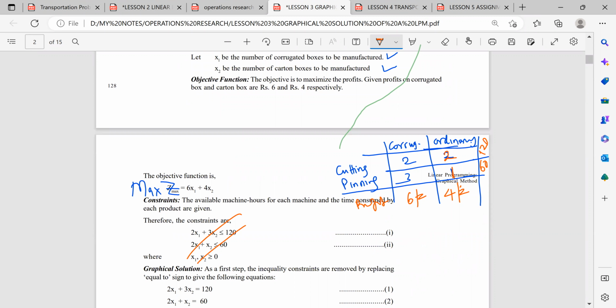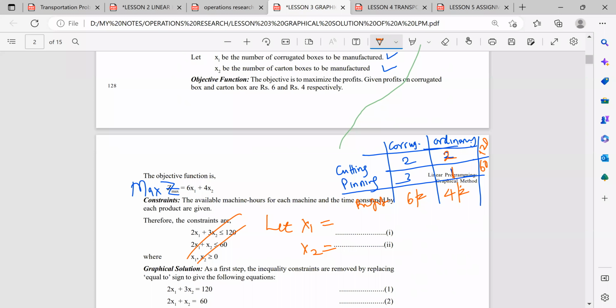So what are the constraints that we have in this question? What is the decision variable? Let's start from there. Let x1 be, and then x2 be. Let's define our decision variables. Are they cutting time and pinning time? Really? No, corrugated and ordinary boxes.